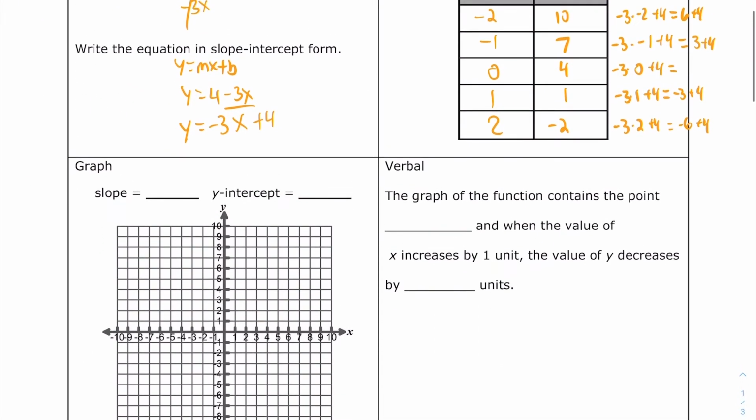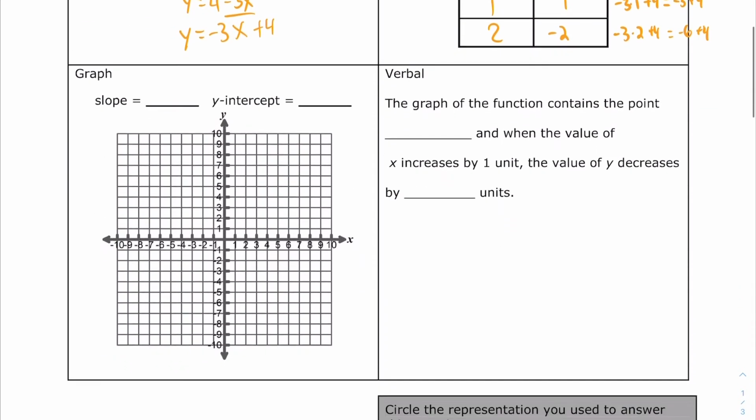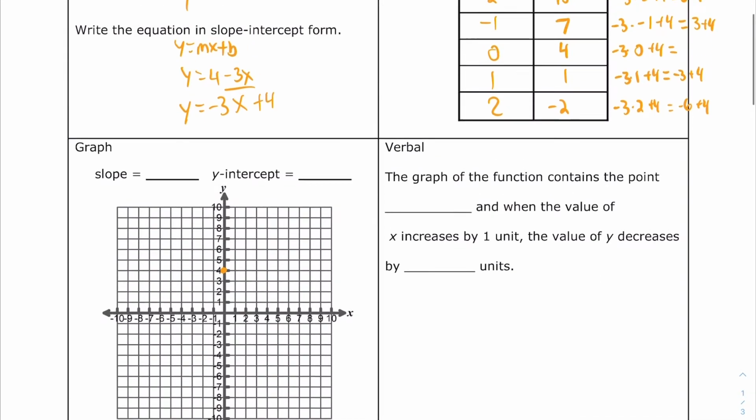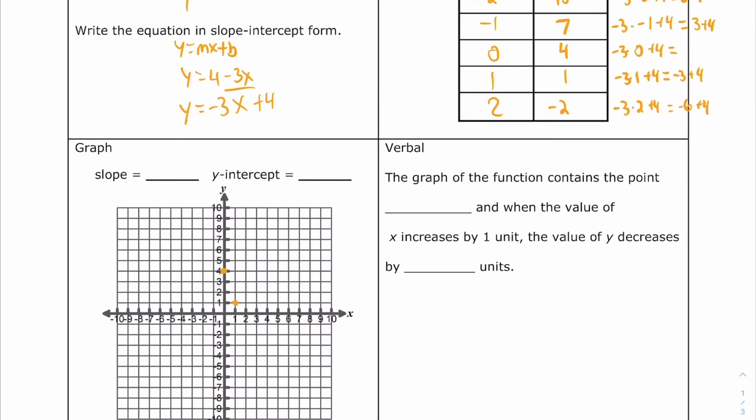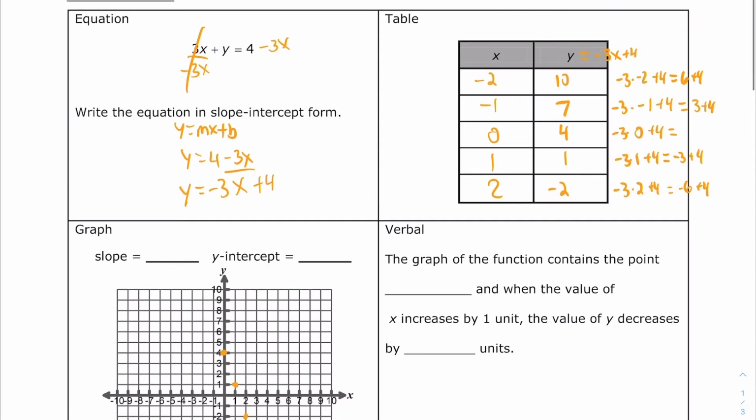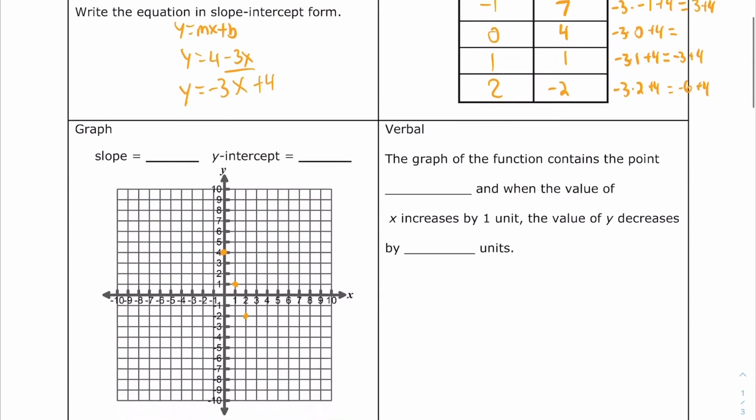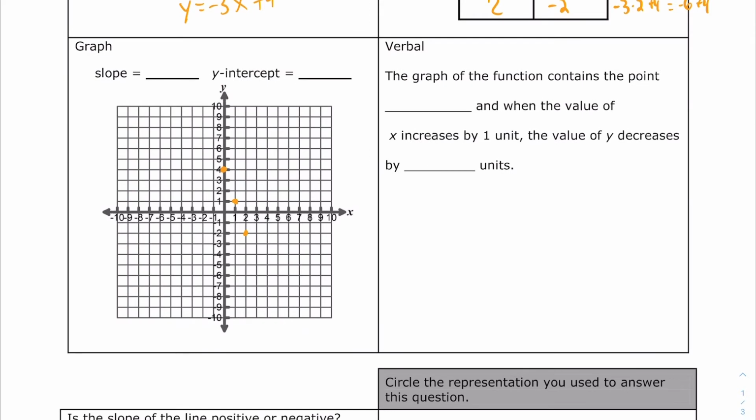Now that we have a table, it should be no problem to turn that into a graph. I can see 0, 4, 1, 1, 2, negative 2, negative 1, 7, and negative 2, 10.